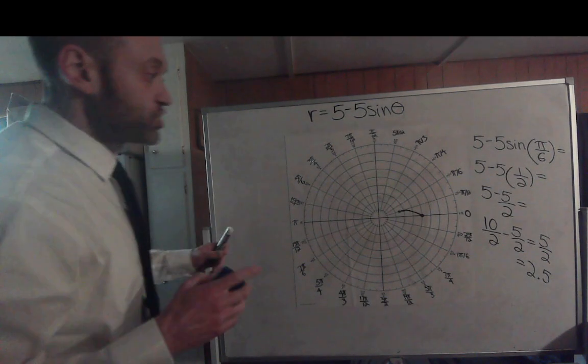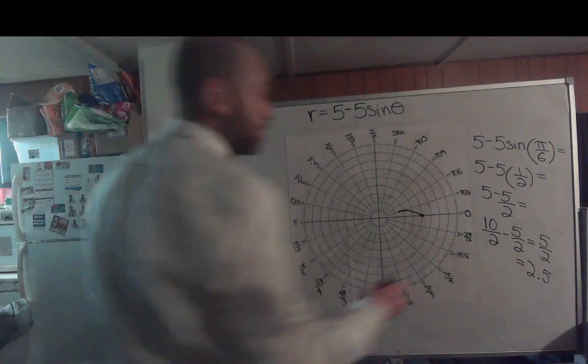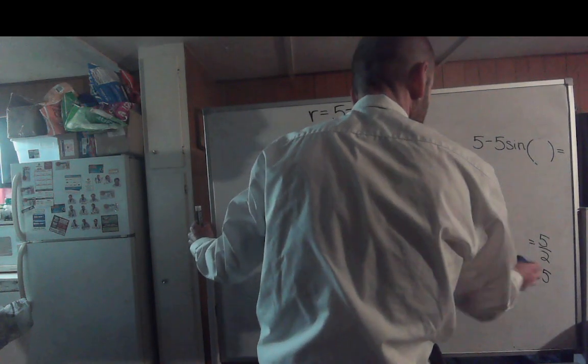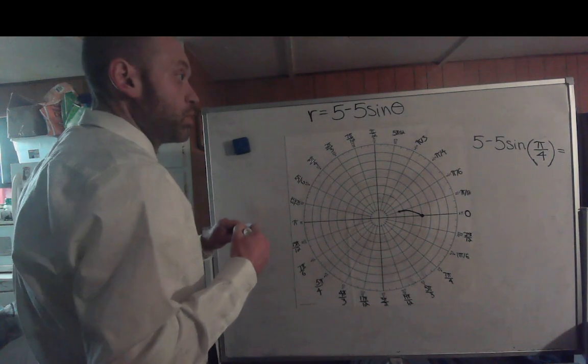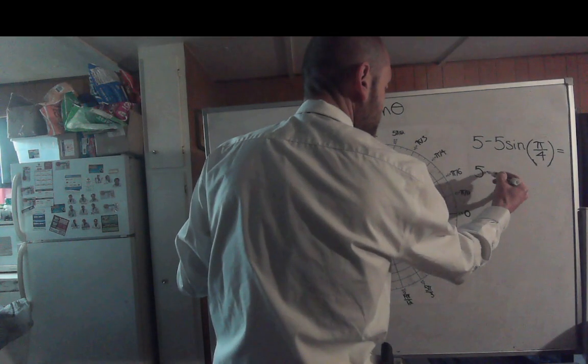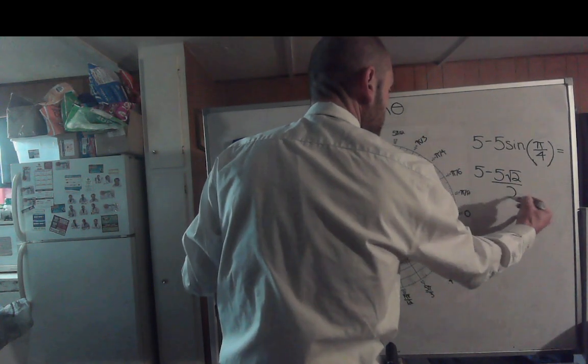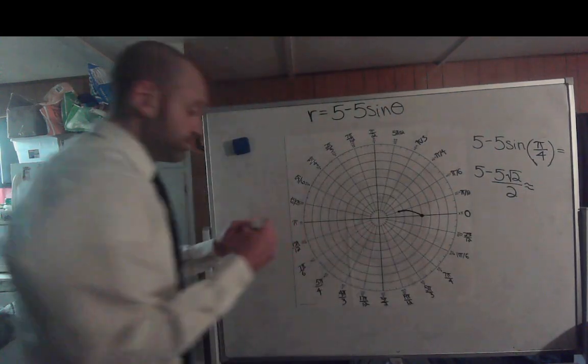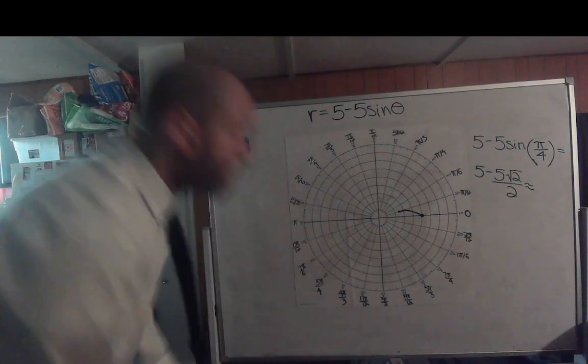Okay, so next special angle is going to be pi over 4. So let's do 5 minus 5 times the sine of pi over 4. Okay, so what is the sine of pi over 4? Well, that's the square root of 2 over 2, so you'd have 5 minus 5 times the square root of 2 over 2, which then we should be able to get a decimal approximation.